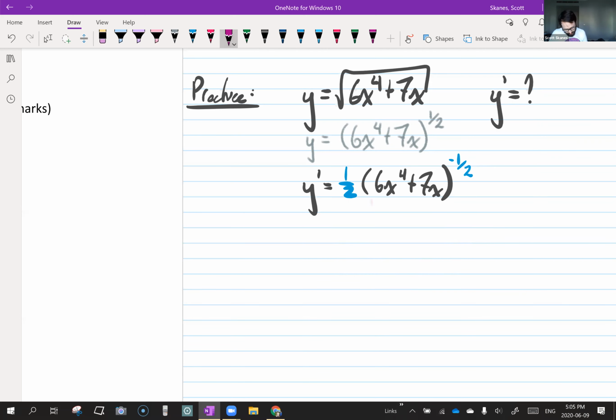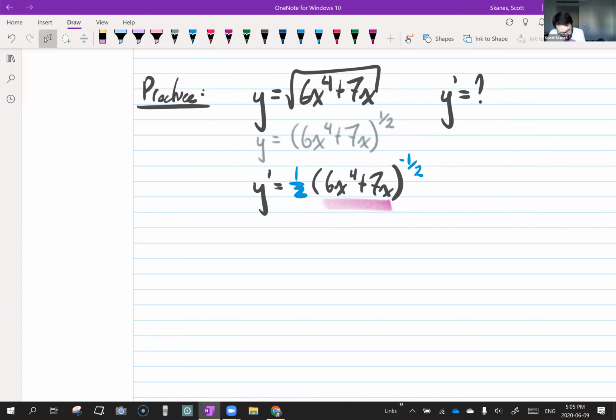And then on the inside, we need to get the derivative of that with brackets. So the derivative is 24x cubed plus 7. And once again, students forget the brackets.